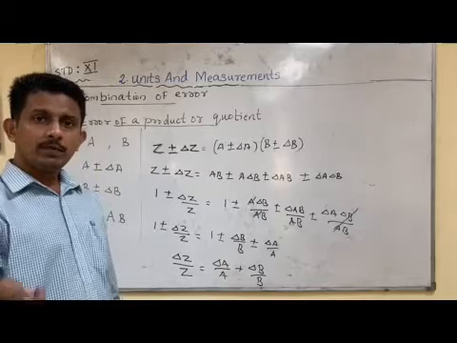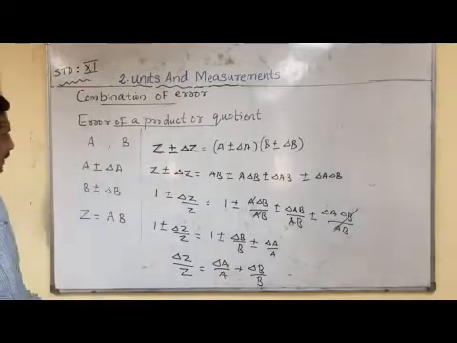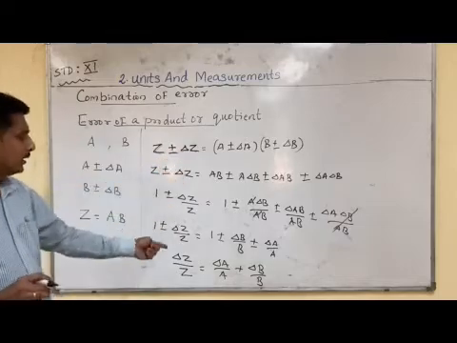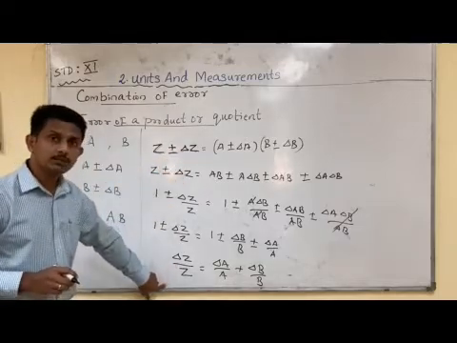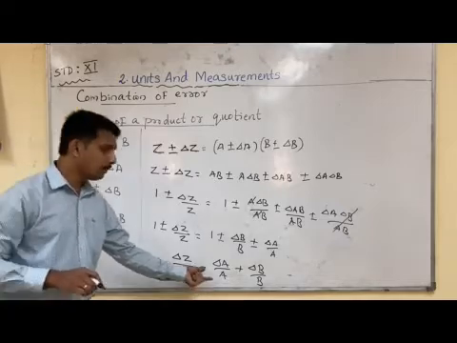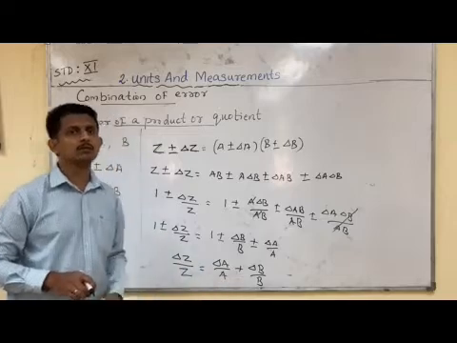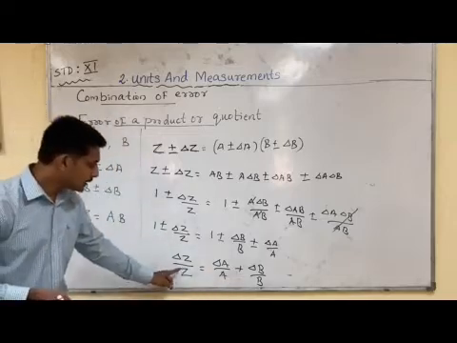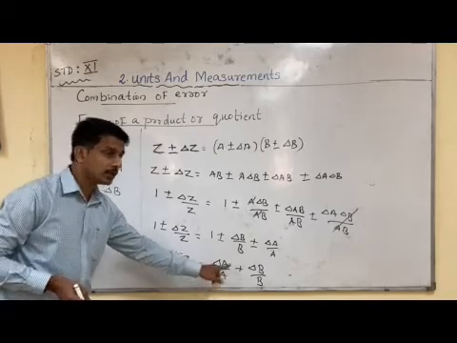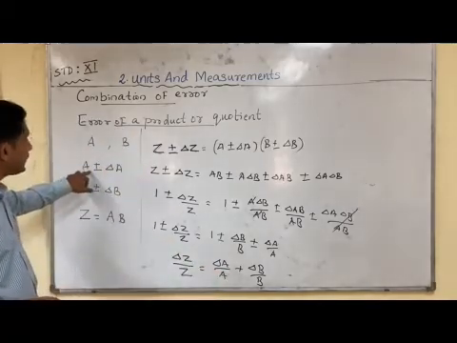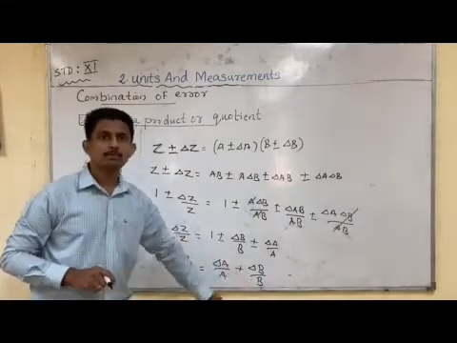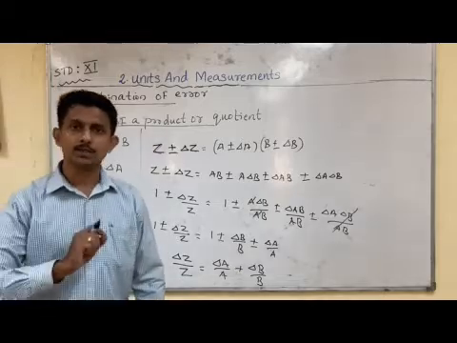That means when we are concerned with multiplication, and similarly in the case of division also, the relative error in the final result is the sum of the relative errors of the individual measurements. Delta Z by Z is equal to delta A by A, which is the relative error in our first measurement, and similarly delta B by B is the relative error in our second measurement.